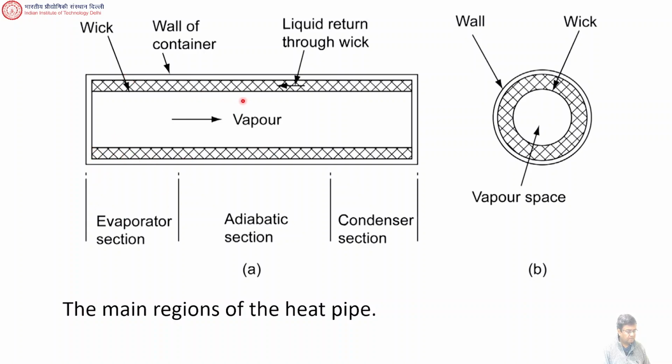This has got some liquid here, so the liquid gets evaporated. So the vapor moves in this direction because you're generating vapor here, and this is a condenser section where the vapor is cooled, and you get liquid, and the liquid moves through the wick and goes in this direction. So this is a wick.